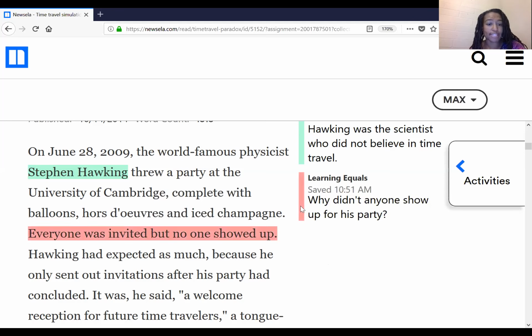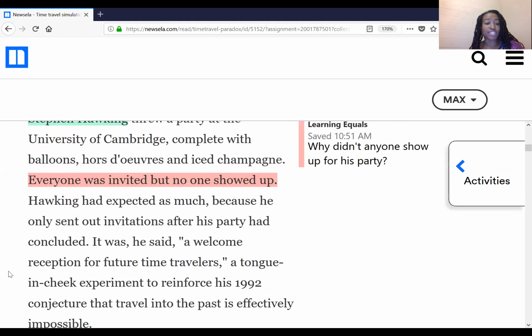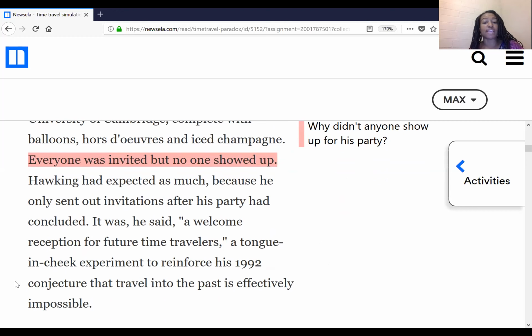Hawking had expected as much because he only sent out invitations after his party had concluded. It was, he said, a welcome reception for future time travelers, a tongue-in-cheek experiment to reinforce his 1992 conjecture that travel into the past is effectively impossible.